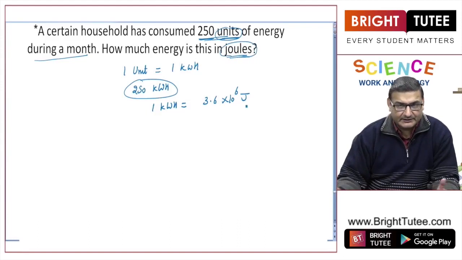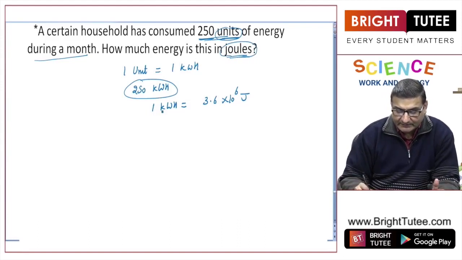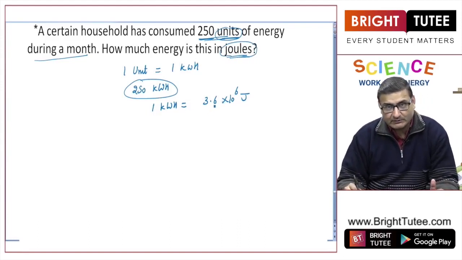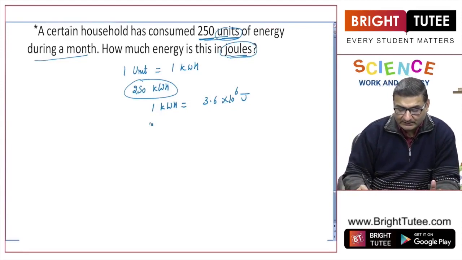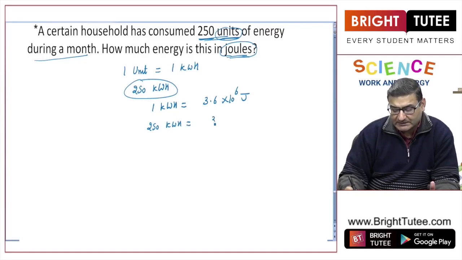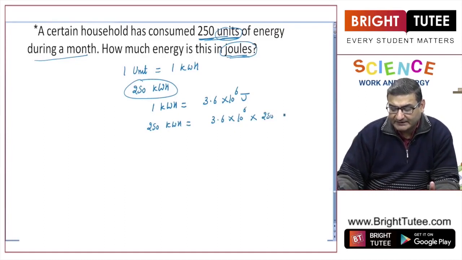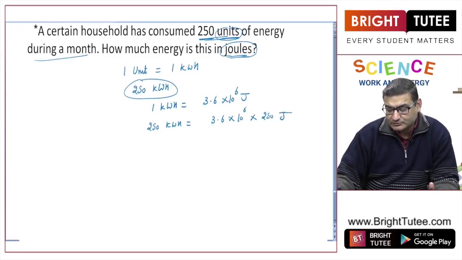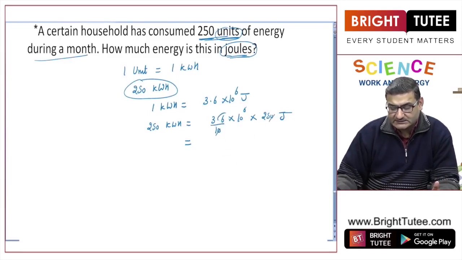We have to simply use the unitary method. If 1 kilowatt hour is equal to 3.6 into 10 to the power 6 joule, then 250 kilowatt hour must be equal to 3.6 into 10 to the power 6 multiplied by 250 joules. Simply, I'll just multiply it. I'll remove this decimal and cut it off.